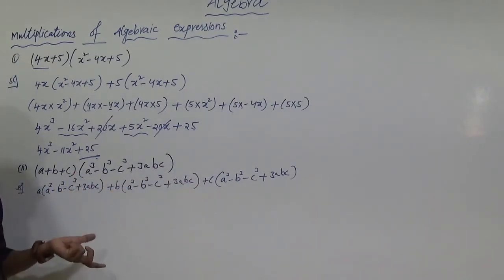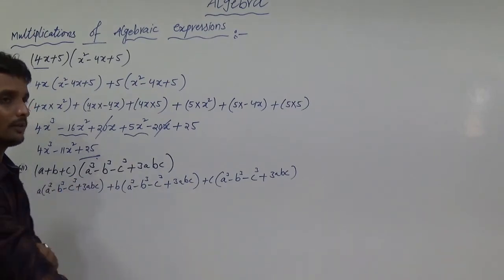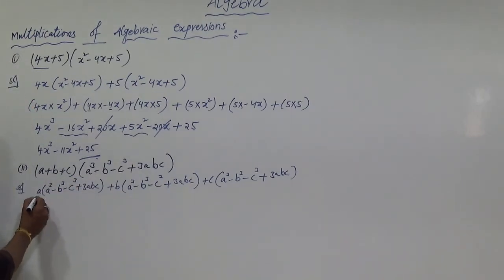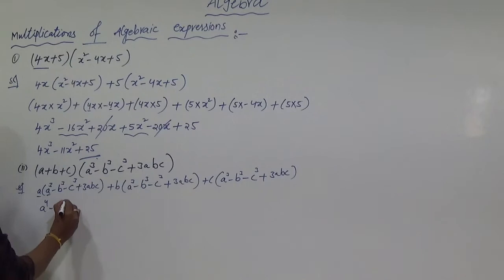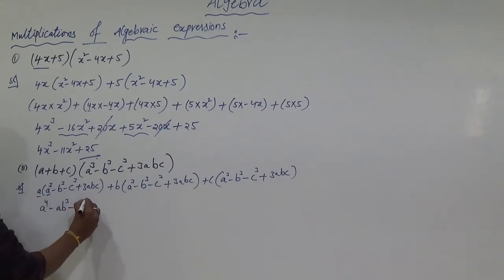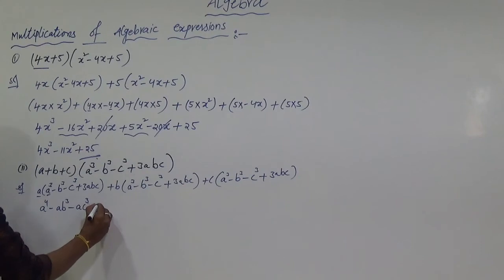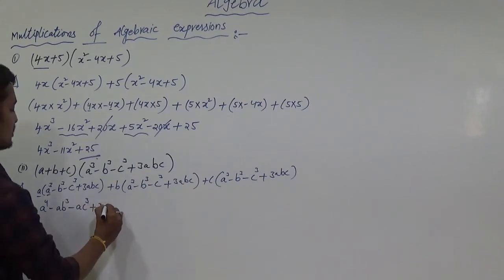In the next step, I am doing direct multiplication, so I am not writing a into a as a normal number. A into a cube is a power 4, minus a into b cube is ab cube, minus a into c cube is ac cube, plus 3 a into a is a square bc.